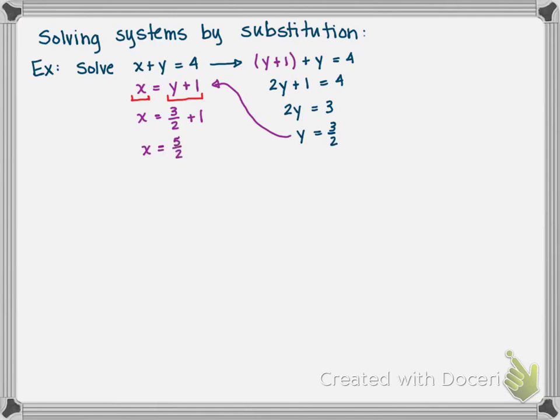So we sort of do two substitutions here. We substitute for x in the first equation, solve for y, and then substitute back in for y in that second equation. So my solution is the point (5/2, 3/2).